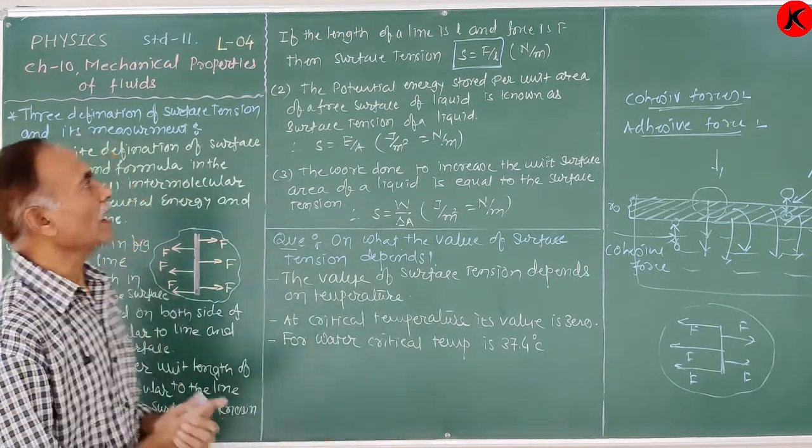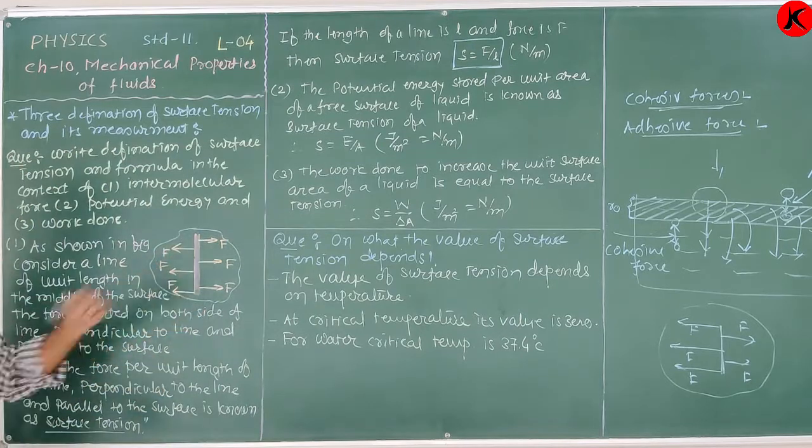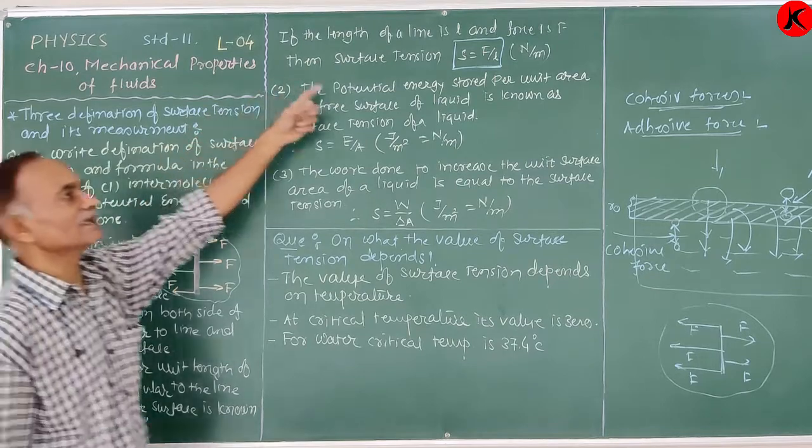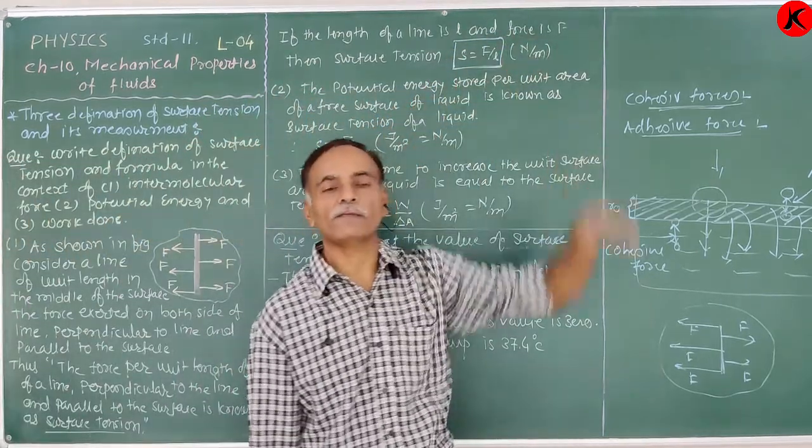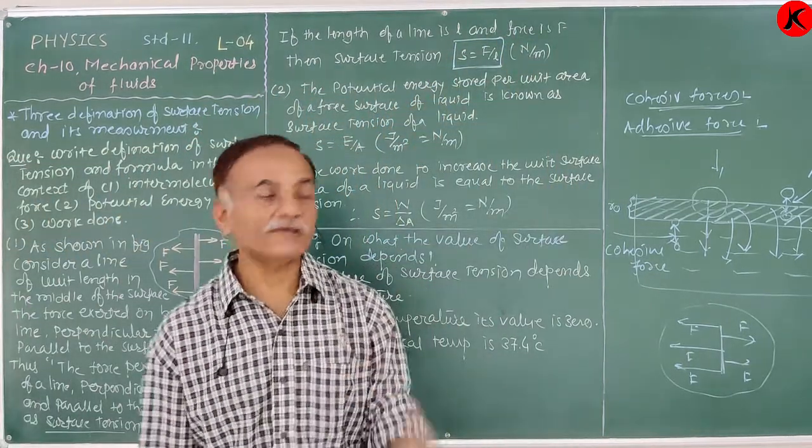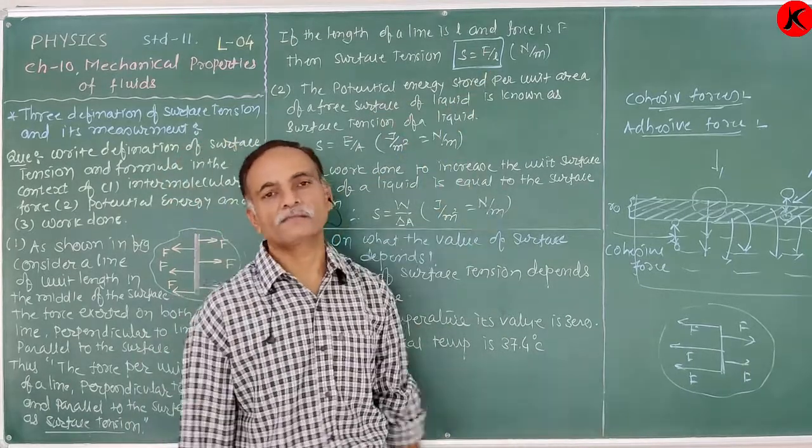Now, if the length of the line is L and the force acting is F, the surface tension is S is equal to F upon L. The SI unit is Newton per meter.